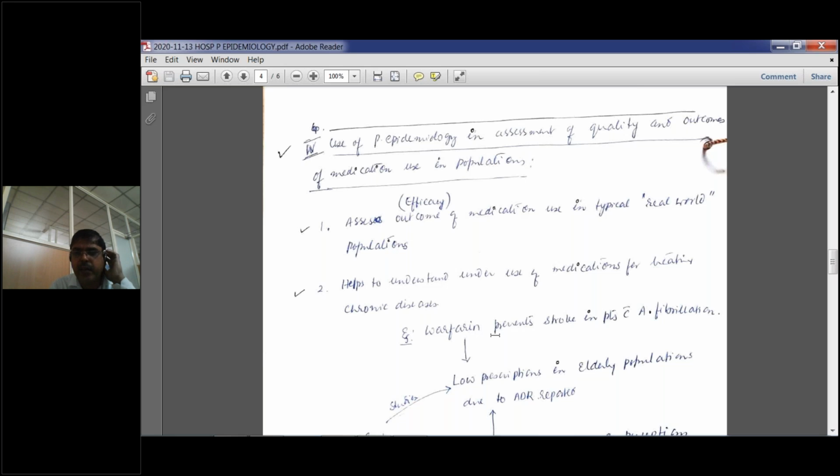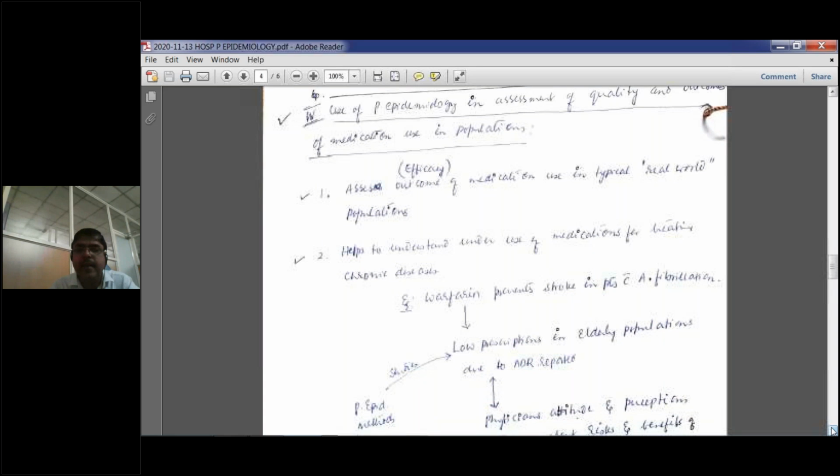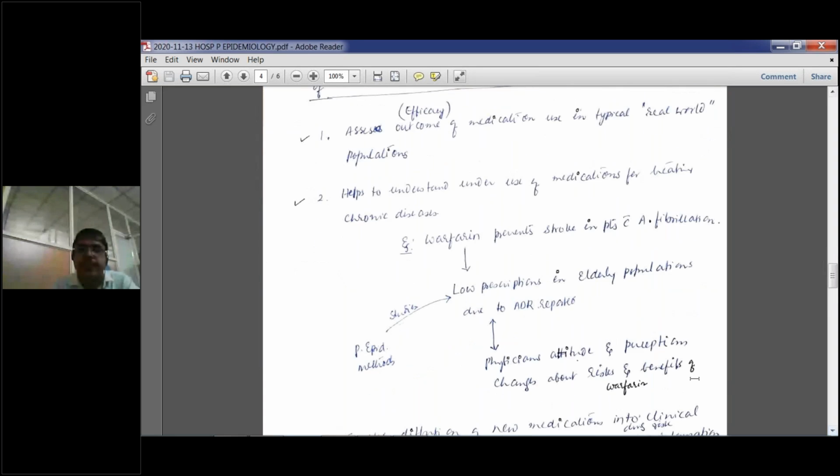Warfarin is an anticoagulant. It prevents stroke in patients with atrial fibrillation. But warfarin is not frequently prescribed in the elderly population, as reported. And we know clearly that the adverse reaction is bleeding risk.